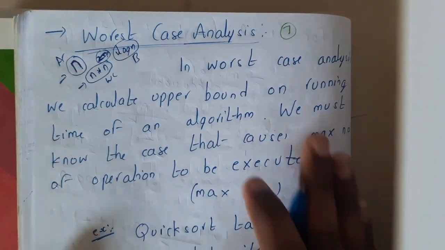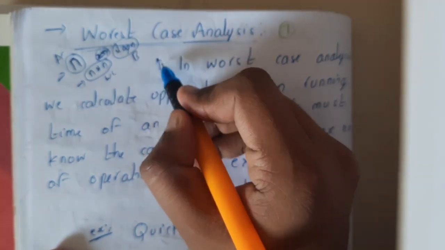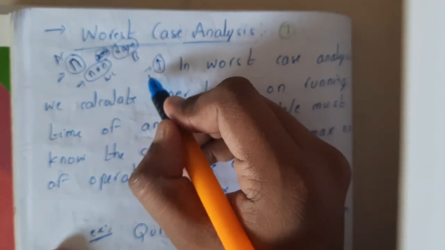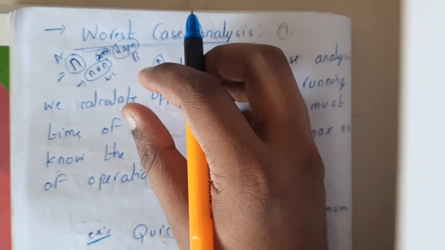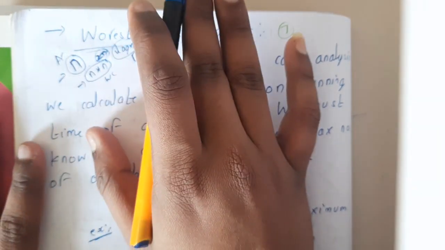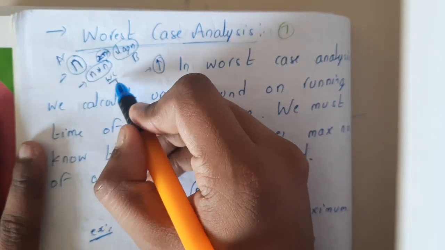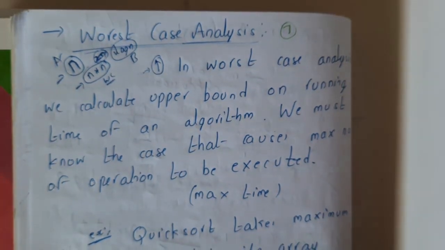Worst case is nothing but the longest time an algorithm will take for a particular input. It should take at most this time for whatever input you give. It should not cross that n square time complexity.